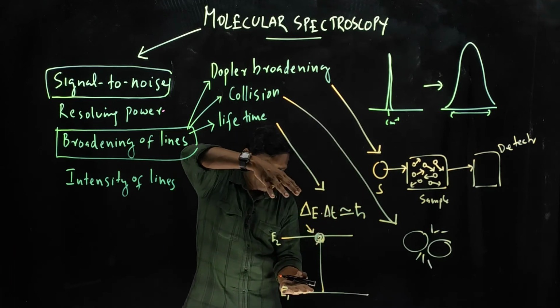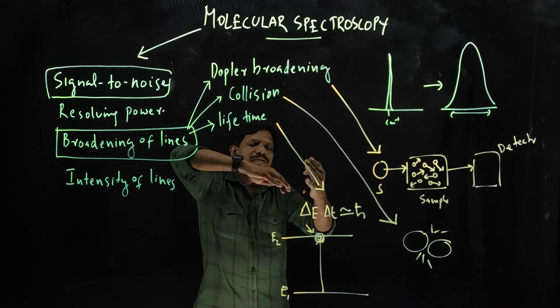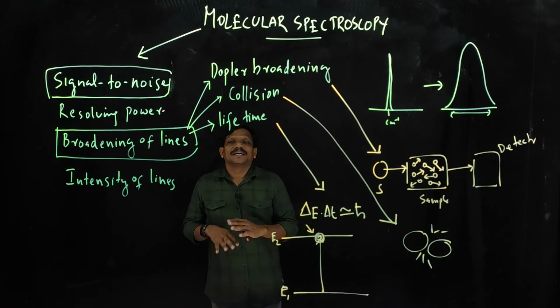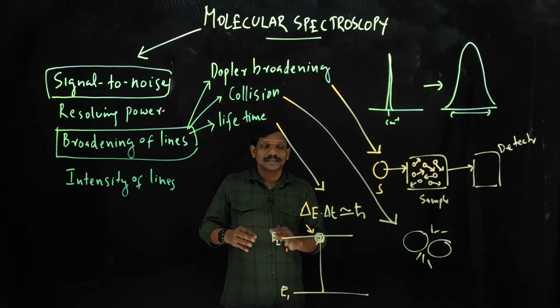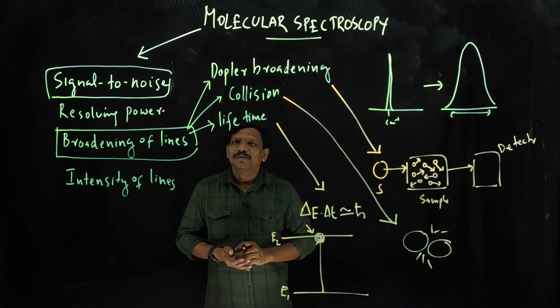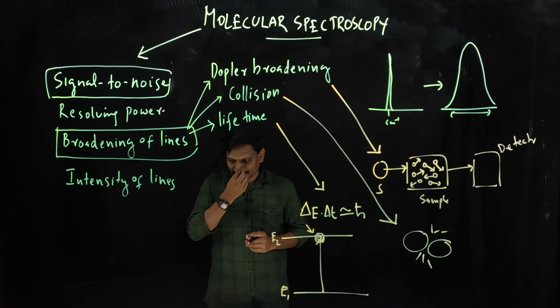I think you understand, if it is a very high energy level, the molecule will reside for a very short time. So there is this problem. That means because of the energy time uncertainty, some broadening will occur. That is known as the lifetime broadening.